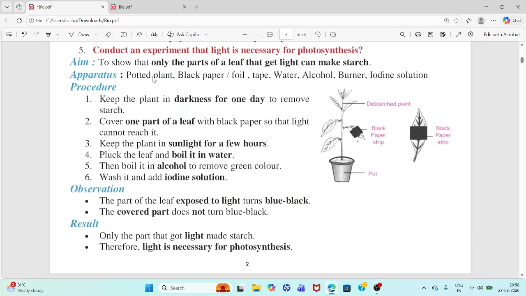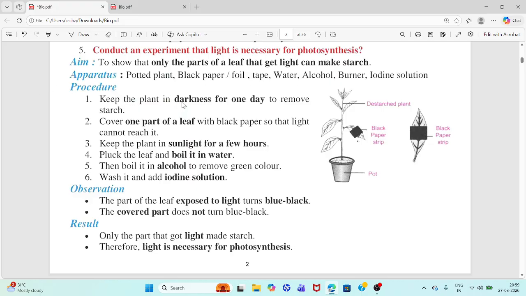Fifth lab activity. Conduct an experiment to show that light is necessary for photosynthesis. Aim: to show that only the parts of a leaf that get light can make starch. Apparatus: potted plant, black paper or foil, tape, water, alcohol, burner, iodine solution.